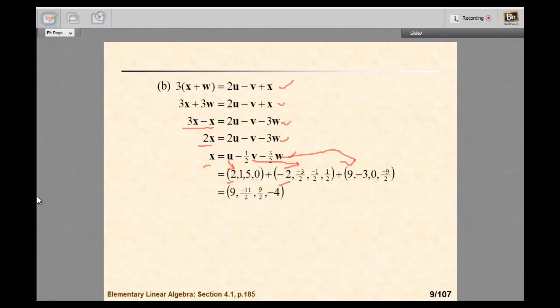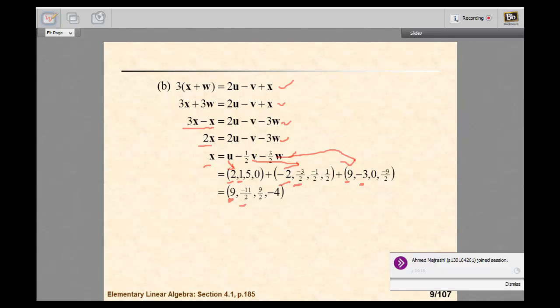2 minus 2 plus 9. What will it be? If you are adding all these things, 2 minus 2 plus 9 is equal to 9. Similarly, add 1 minus 3 by 2 minus 3. Just add all these things, you will get minus 11 by 2.